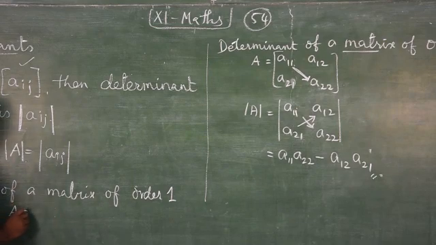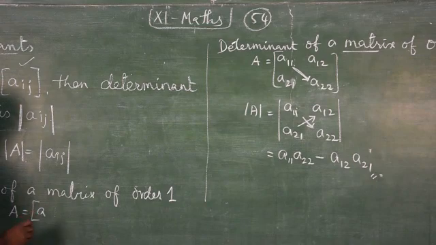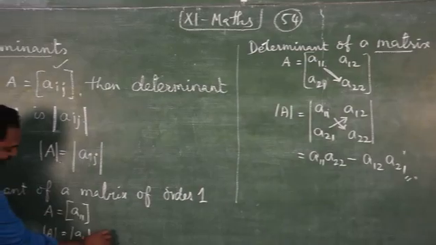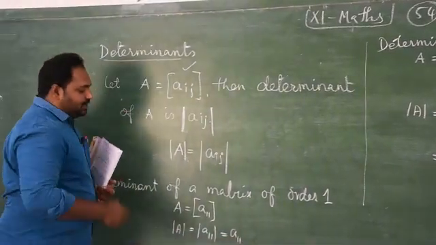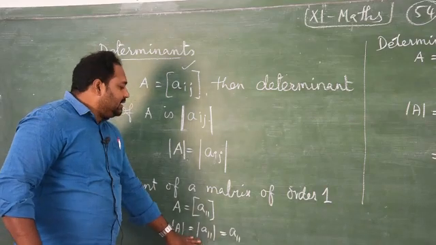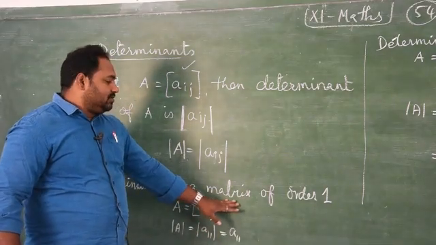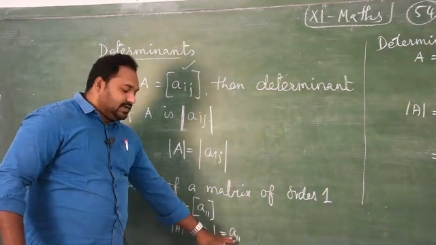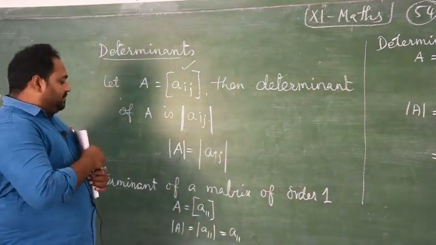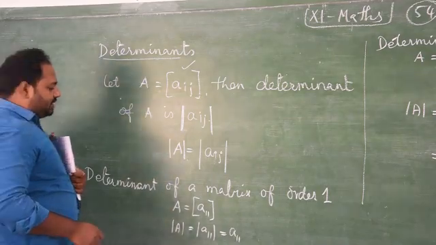For example, A equal to A11. This is a 1 cross 1 matrix. If you want to find out modulus A, the value will be the same. So there is no calculation in a matrix of order 1. We only have to write that element as the answer.